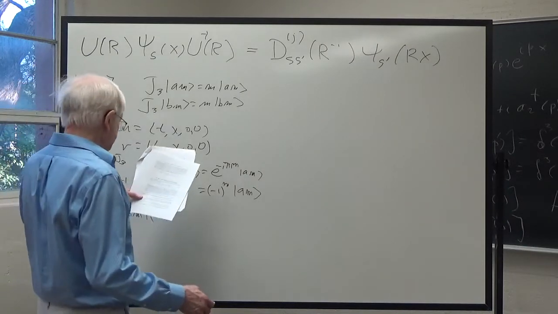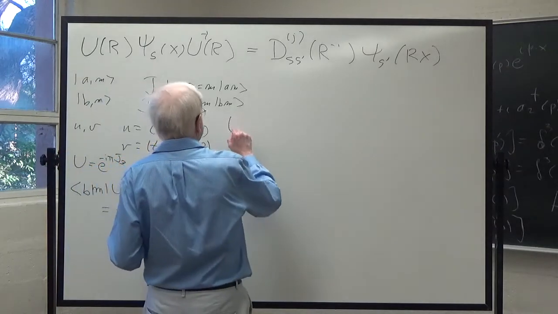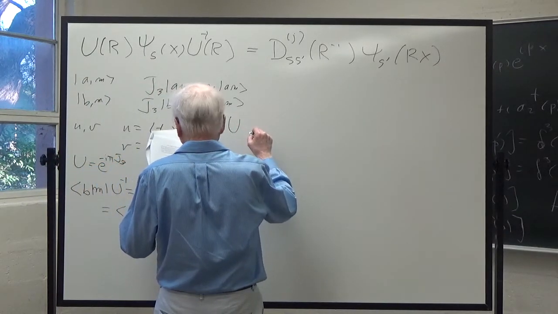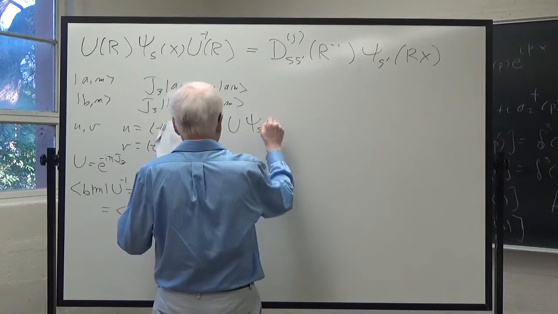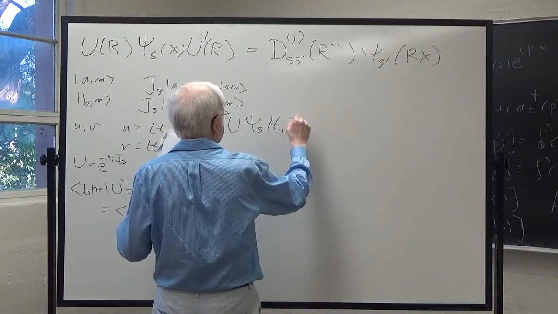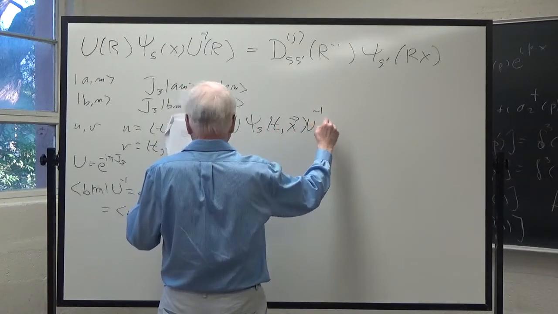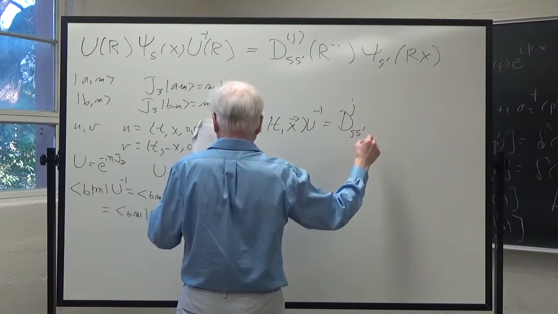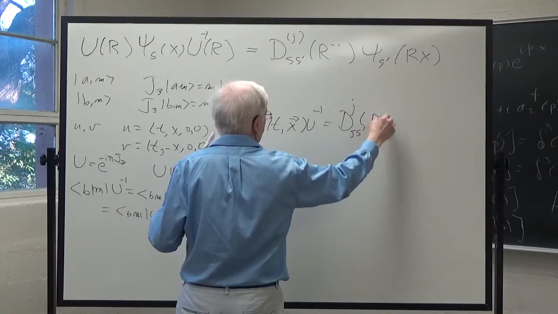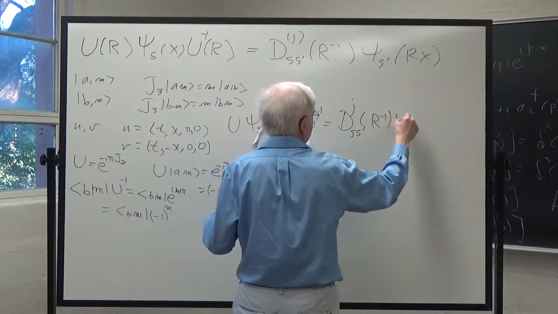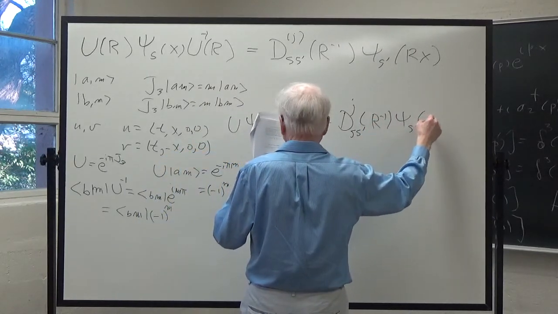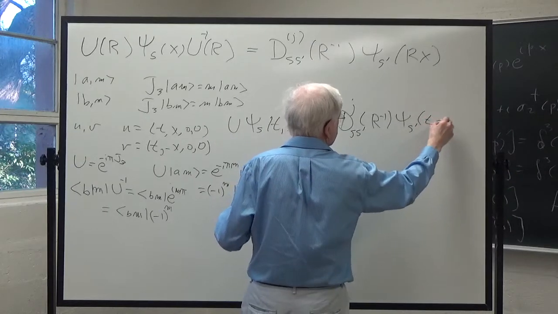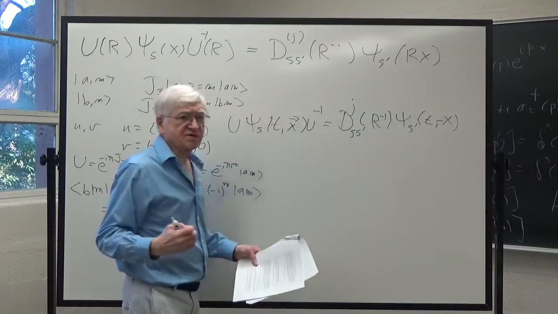Okay, now let's see how the field transforms. So U, this particular U, psi s of t and x, U inverse is now D^j_{s s'} of R inverse psi s' of t and minus x, because we've rotated.